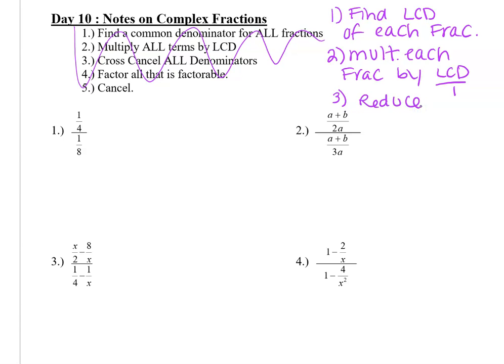And then I reduce. So for example, 1/4 over 1/8. The common denominator between 1/4 and 1/8 would be 8. So I'm multiplying 8 over 1. And then I like to box in to think of these separately as 2 separate multiplication problems. In the first box, I can cancel the 4 with the 8 and get a 2.